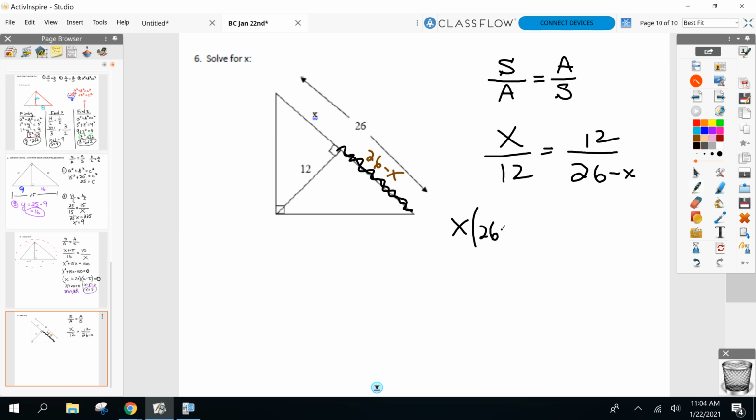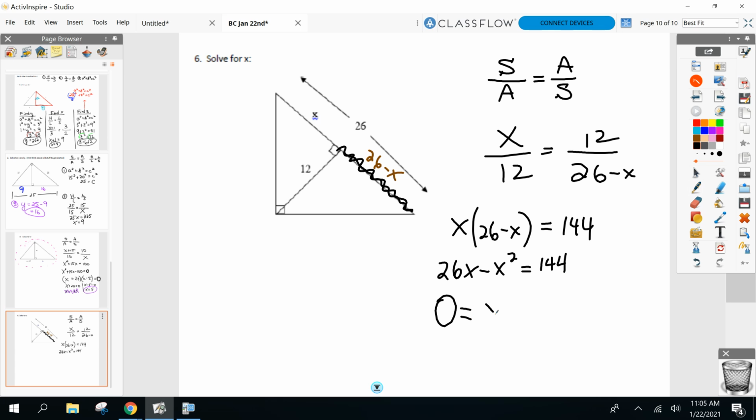Oh, some of you are not going to like what's going to come up here. I get 26x minus x squared equals 144. And for the first time ever this year, I am actually going to move over my x squared. Why? It's negative. I don't like factoring something with a negative x squared.